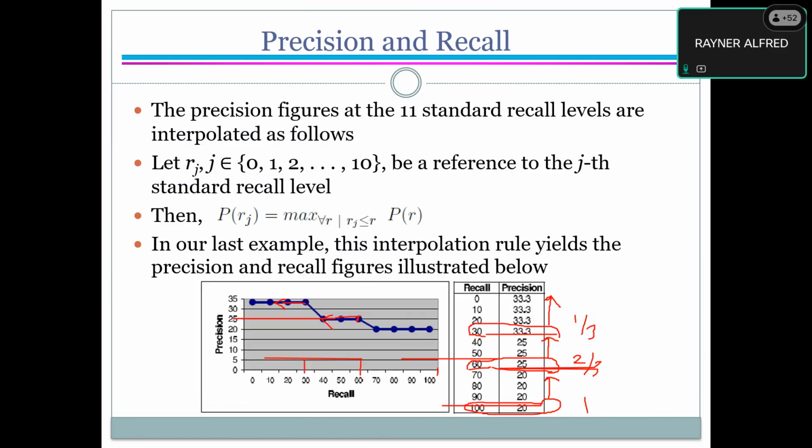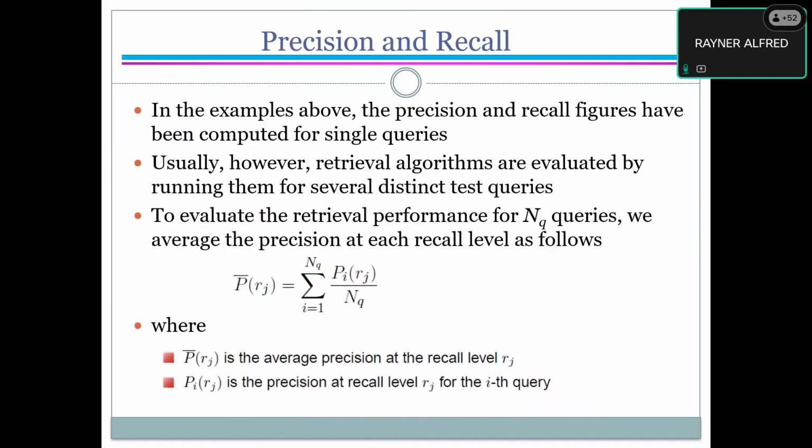Okay, so we can use up to 10 queries, and then what we want to do is take the average, and then based on the average we can replot the graph of precision and recall. Okay, so we have 1 and 2 now. So what we want to do is measure the average.